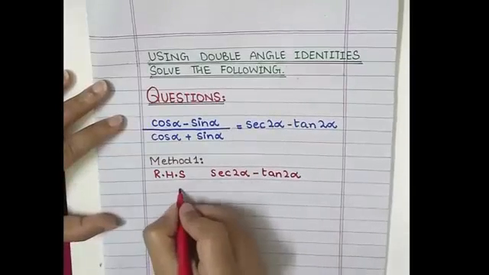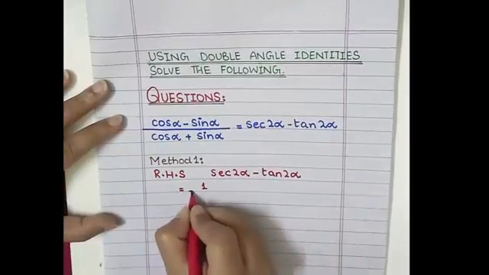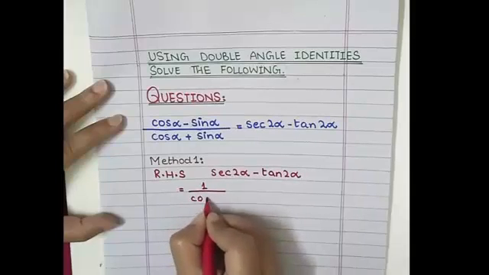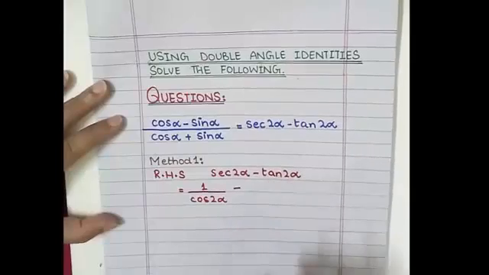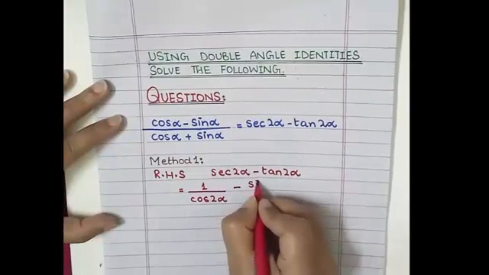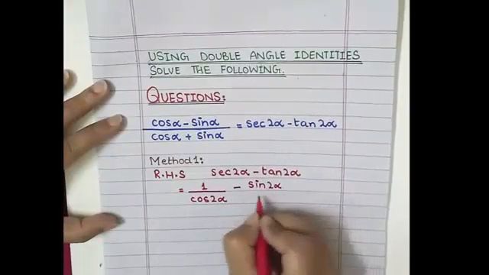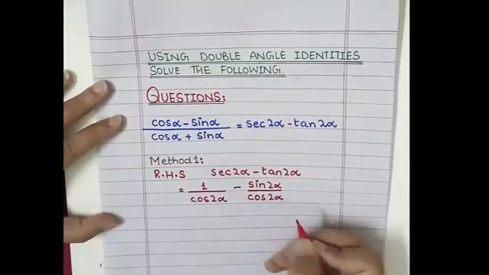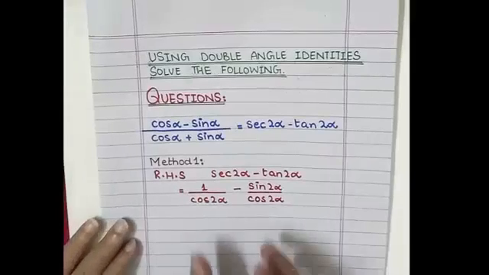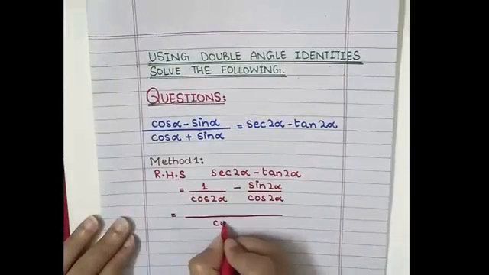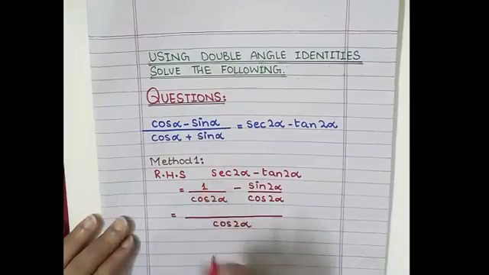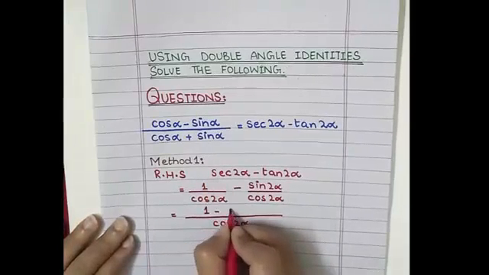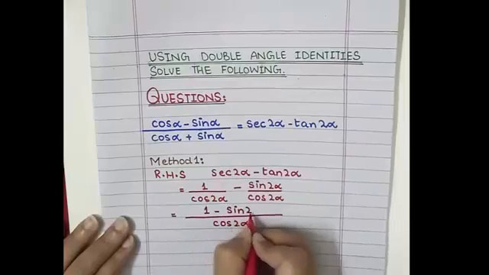Now secant can be written as 1 over cos 2 alpha, minus tan 2 alpha, which can be written as sin 2 alpha over cos 2 alpha. Now taking the LCM, which is cos 2 alpha, we have 1 minus sin 2 alpha.